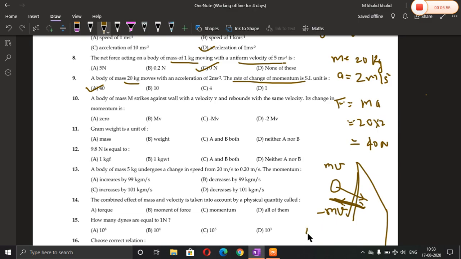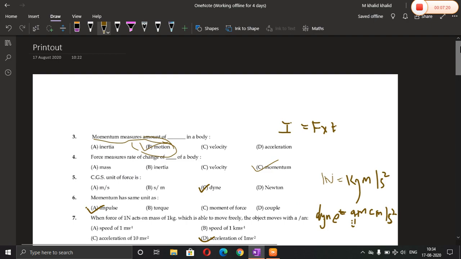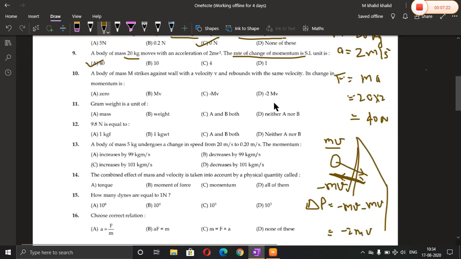So change in momentum delta p will be minus mv minus mv, which becomes minus 2mv. So our answer will be minus 2mv. So D will be our answer.